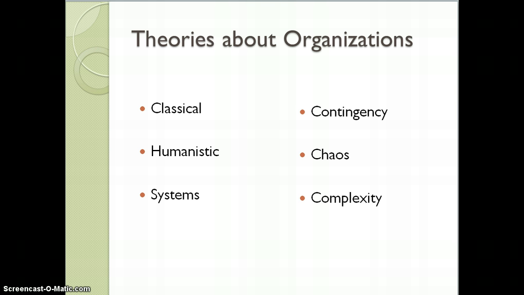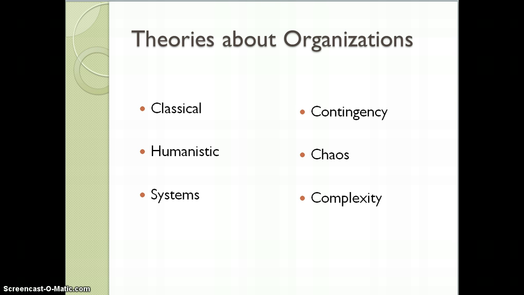Healthcare systems are again a good example of this because healthcare systems are riddled with randomness, ever-changing new policies, staff, magnet designations, new policies and procedures that come down the pike. And so there are lots of things that cause us to have to change, sometimes pretty rapidly and sometimes even against our will. So we have classical, humanistic, systems, contingency, chaos, and complexity.